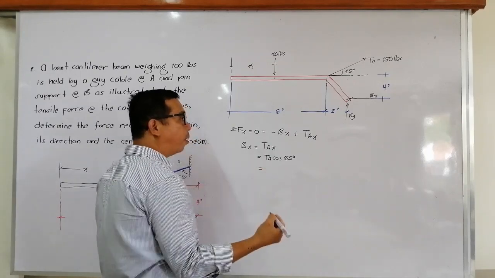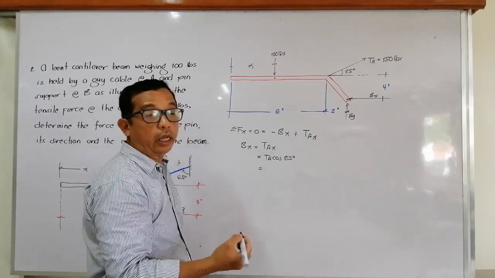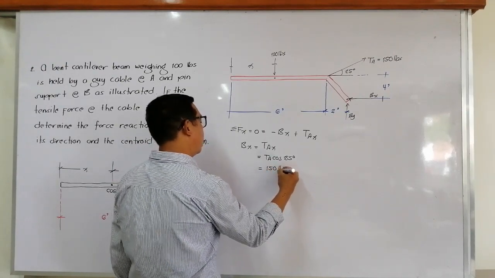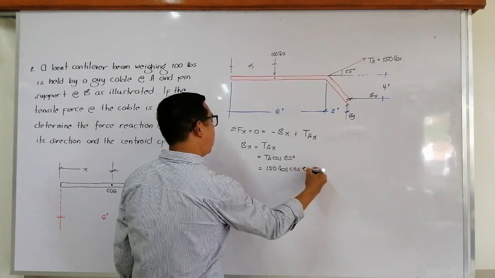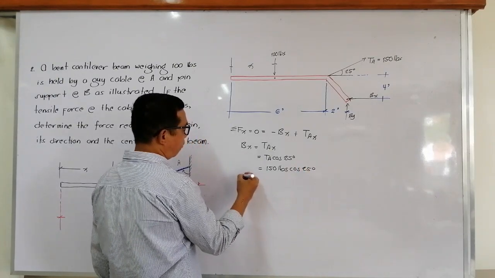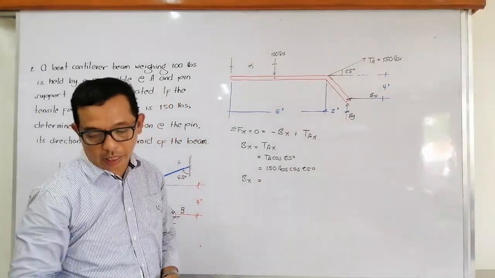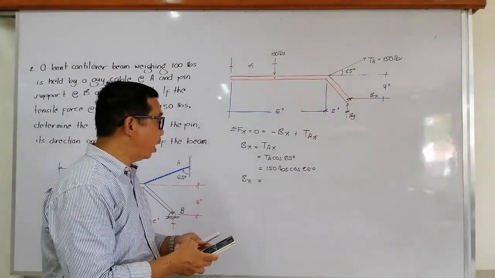Since we already know the value of the tension experienced by the cable, that is 150 pounds, we can readily solve for the x component of B, Bx.